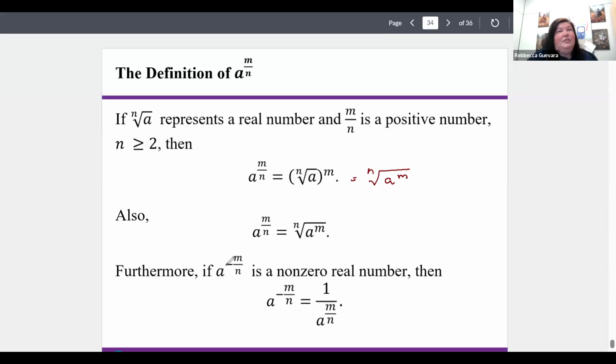Furthermore, if I have a to the negative m over n, then that's just 1 over a to the m over n, just 1 over the nth root of a to the m, or 1 over the nth root of a raised to the power of m.